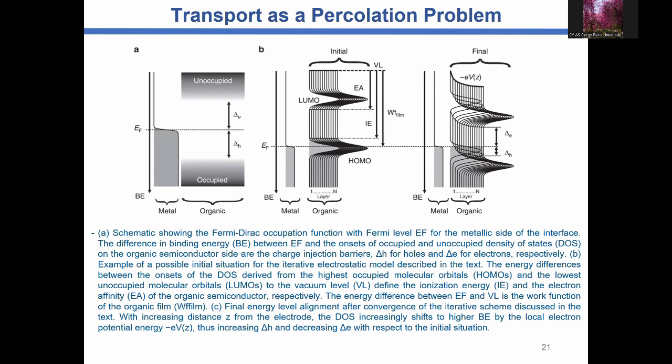And metals have these very well defined states. So when applying an electrical field, they can fill the organic states. They can also, through the filling, move the electronic distribution. So it's quite dynamic.